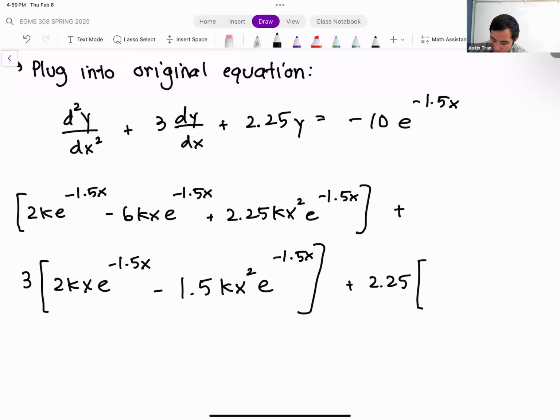Our guess for yp, what started it all, was kx squared e to the minus 1.5x. Thankfully, that's the shortest one before all the product rule craziness came into play.